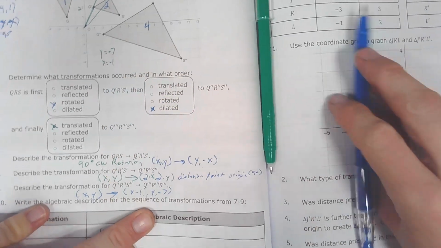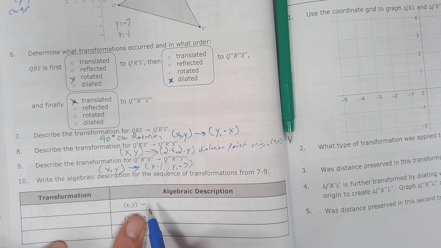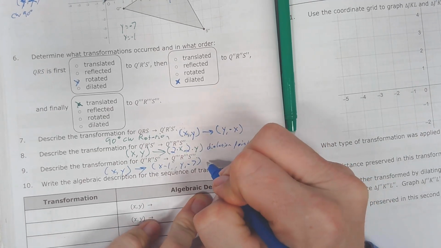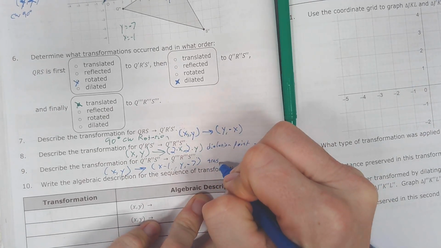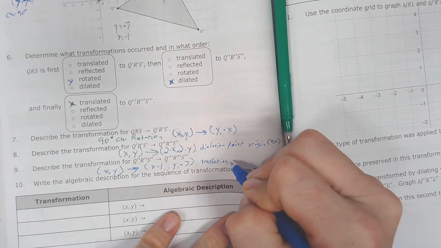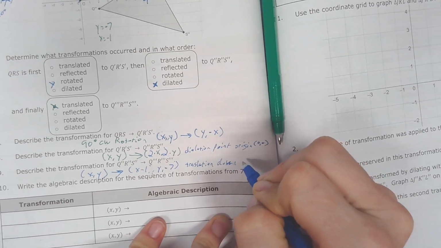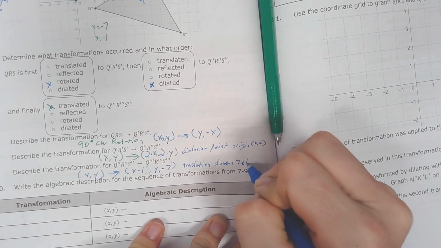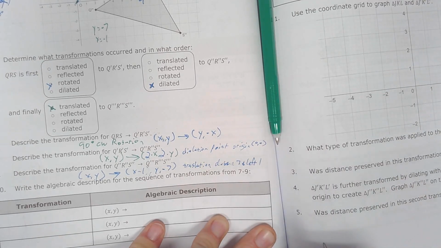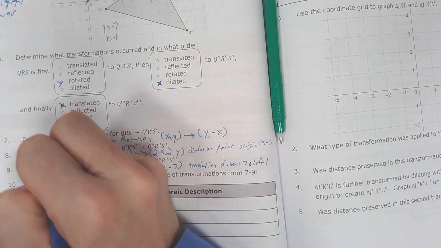Right, that's from up there. Okay, well, it looks like I already did. So this is going to be a translation down 7 and left 1. Okay, scale factor equals 2.